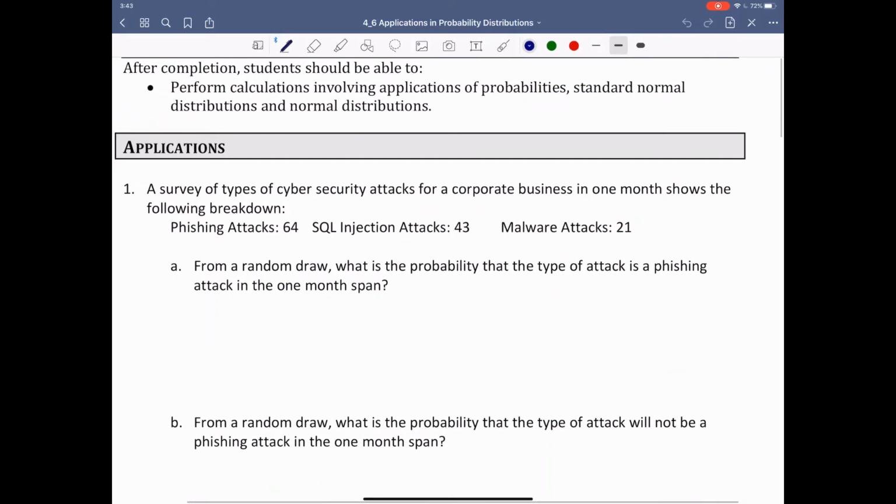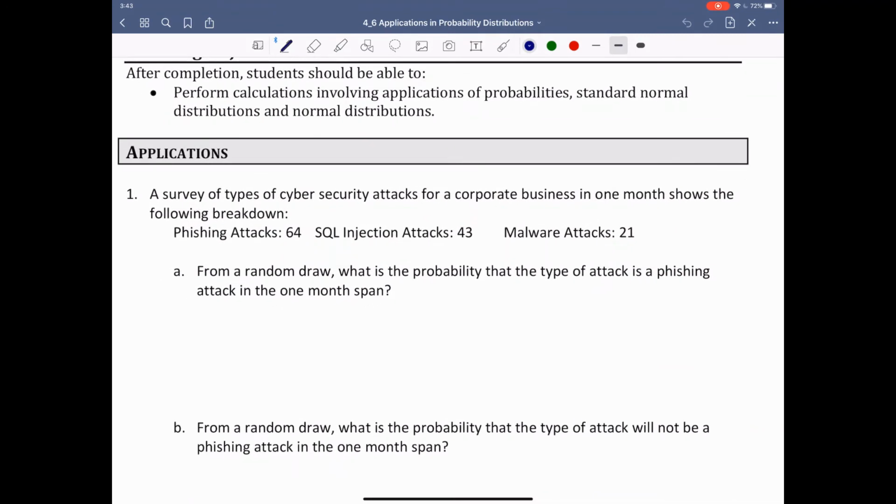Question number 1: we have a survey of types of cybersecurity attacks for a corporate business in 1 month, and it shows the following breakdown: 64 phishing attacks, 43 SQL attacks, and 21 malware attacks. From a random draw, what is the probability that the type of attack is a phishing attack in the 1 month span?